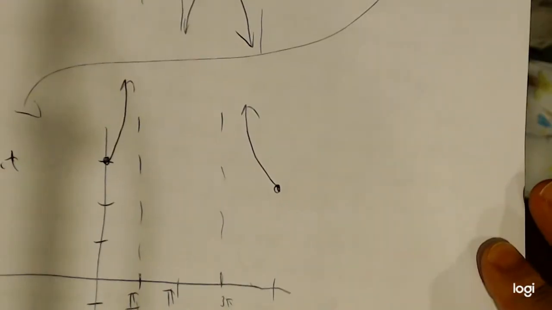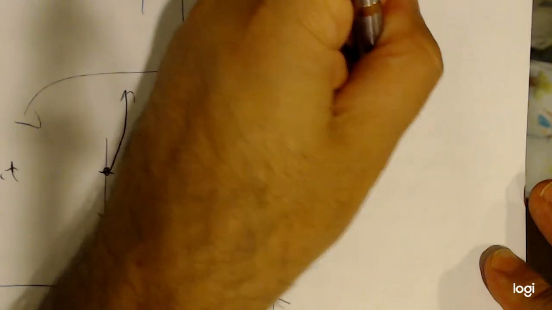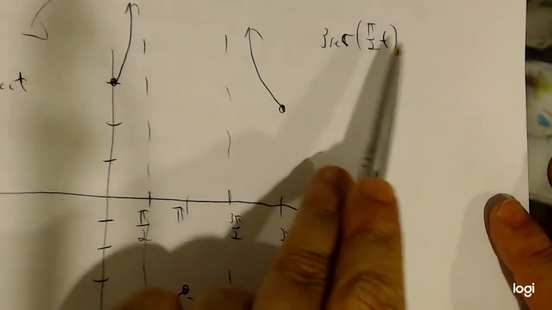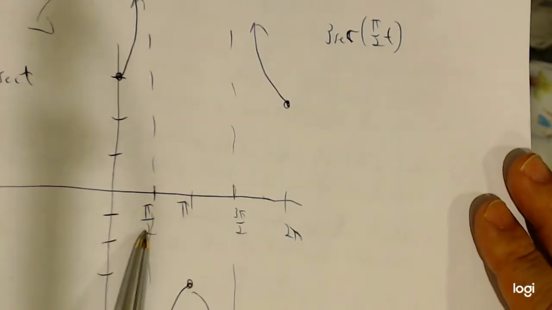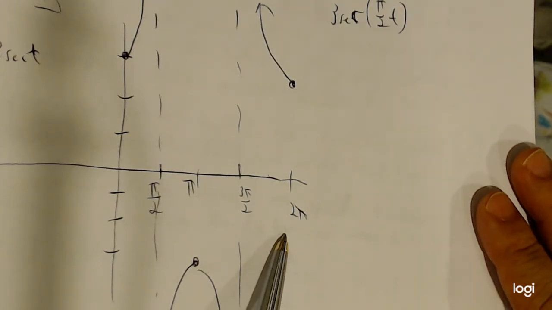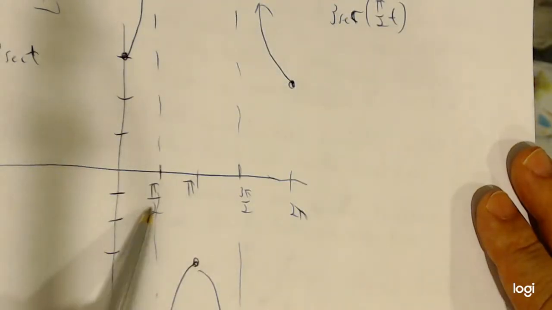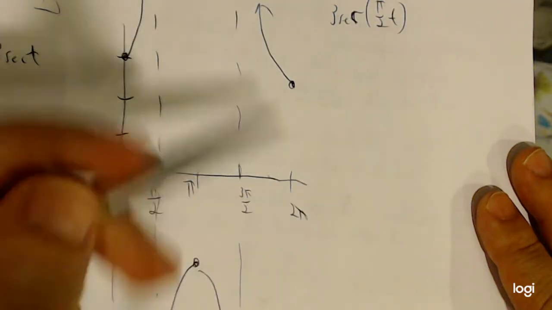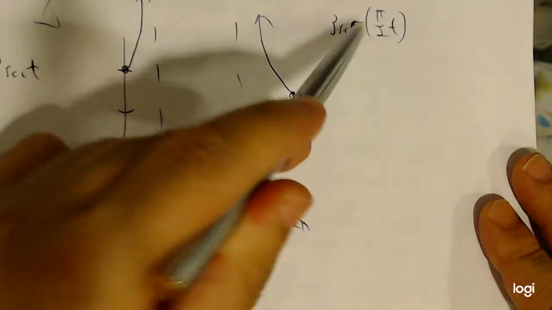Now finally, to take care of 3 secant of pi over 2 t, what we're doing now is, this pi over 2 is saying grab all of your x values here and divide them by pi over 2. Dividing by pi over 2 is the same as multiplying by the reciprocal of pi over 2, because I'm saying a fraction divided by a fraction.